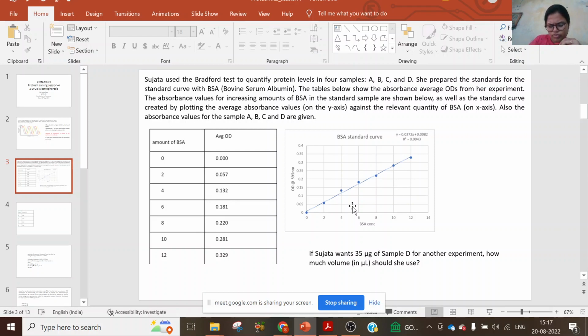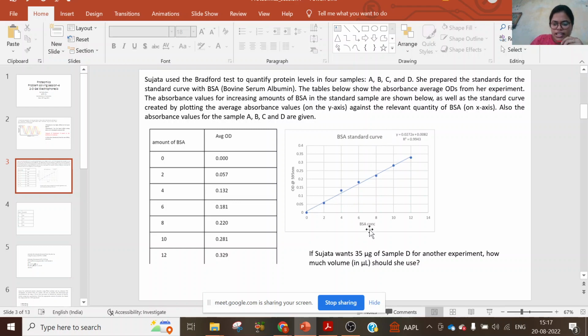I was asking, for calculating the concentration, we need to put the value of x, which is 0.308, and then find the value of y. No. You have to calculate the value of x, and 0.308 is the value of y. You see here, on the y-axis the OD is given, and 0.308 is the OD that you have to take as y.